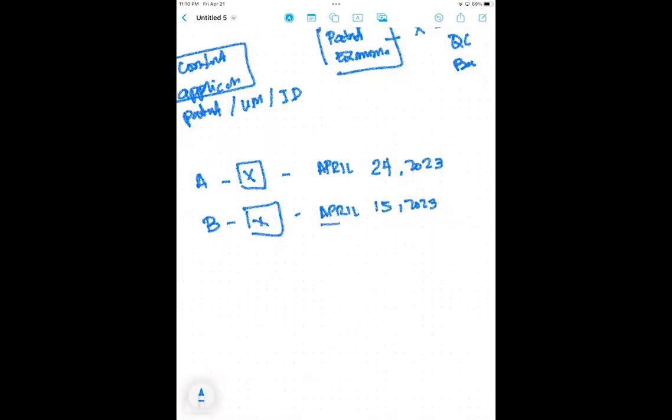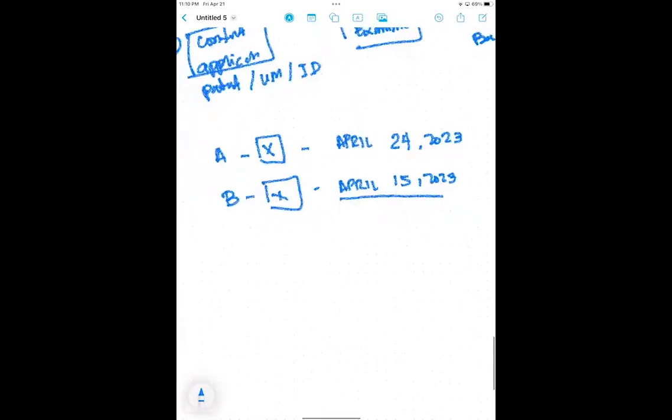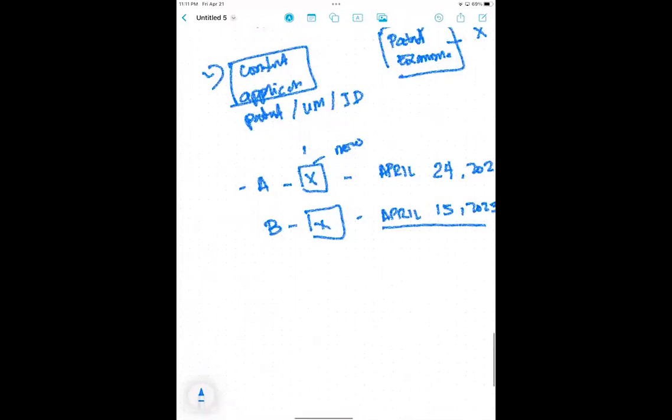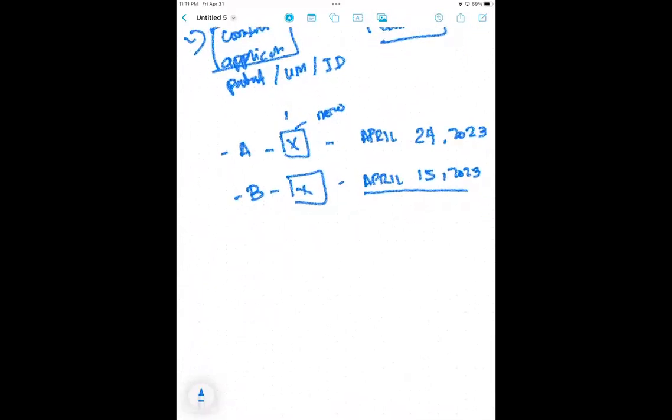So, nauna yung application ni B. Supposing the question is, if you are the patent examiner, will you grant the application of A? Siyempre, ang sagot doon is no, I will not grant the application of A. And what is the reason? Because A's application for patent registration of X should be denied because X is no longer new. Why? Because X is already prior art, because it is the content of a prior application.